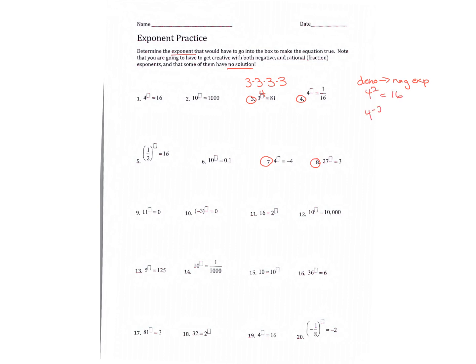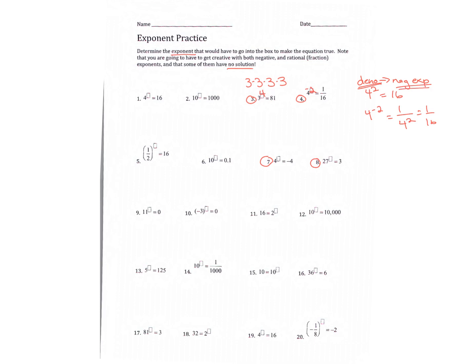So I consider that 4 to the negative 2 would be 1 over 4 squared, or 1 over 16. It looks like my missing exponent would be a negative 2. Anytime my base goes to my denominator, I want to consider maybe a negative exponent.